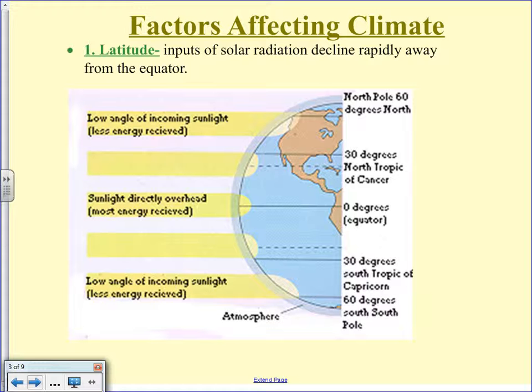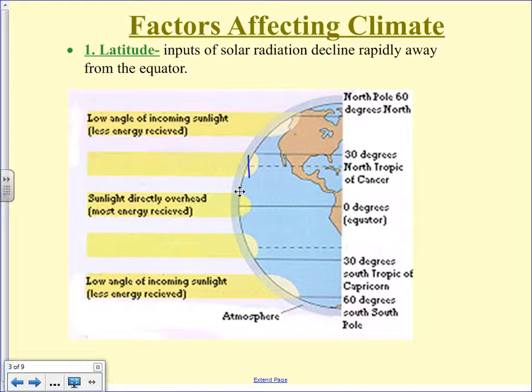If the sun is directly overhead, you receive high intensity sunshine, which means lots of energy. If you are further from the equator, then that same amount of sunshine gets spread over a larger area because the Earth is round. So if I'm looking here at the equator, at 0 degrees latitude, that line there represents the area of the Earth that's receiving that amount of sunshine.